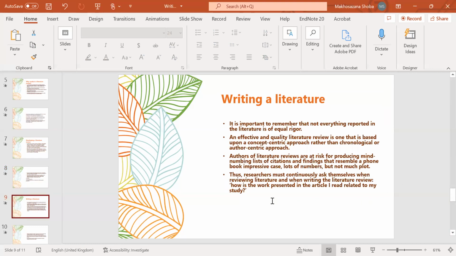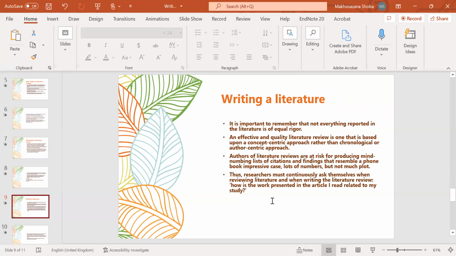Having given an explanation of how you develop a literature review, let's now come to writing a literature review. It's important to remember that not everything reported in the literature is of equal rigor, right?